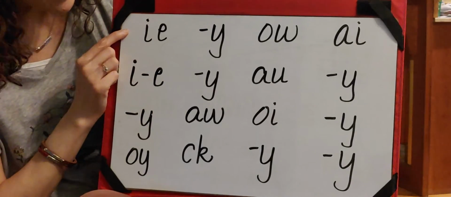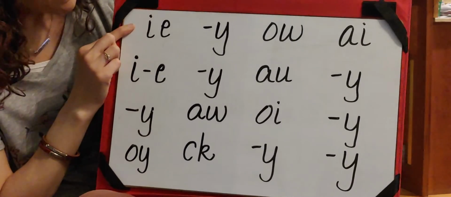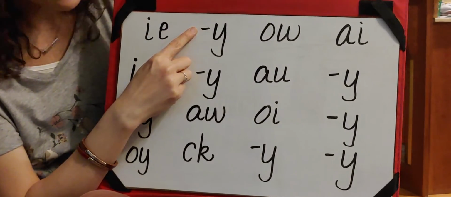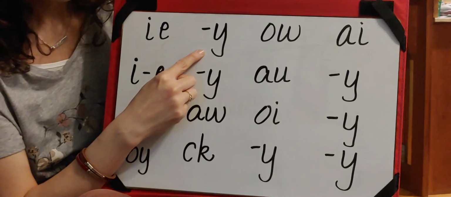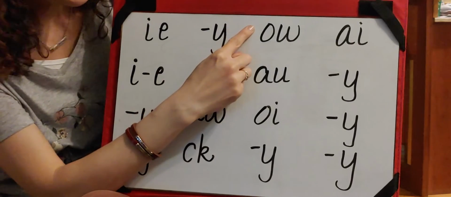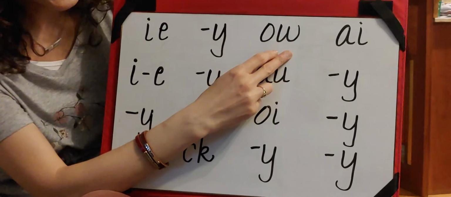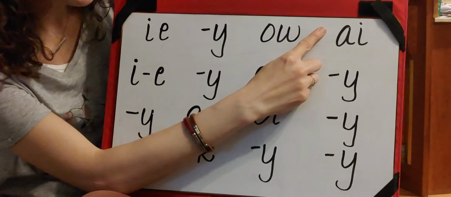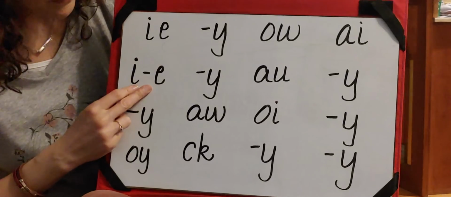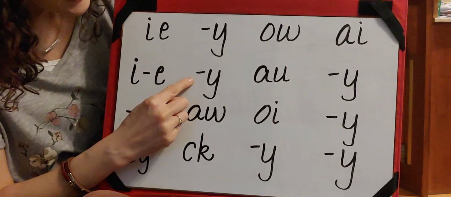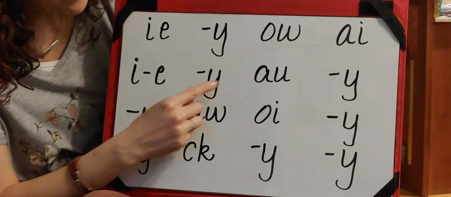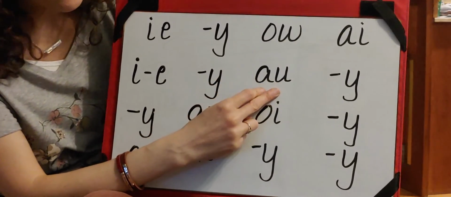So we're going to go back and we're going to start from the beginning. Remember, sound, E. Sound, sometimes Y, sometimes I, sometimes E. Sound, ow. Sound, A. Sound, I. Sound, sometimes I, sometimes E. Sound, aw.